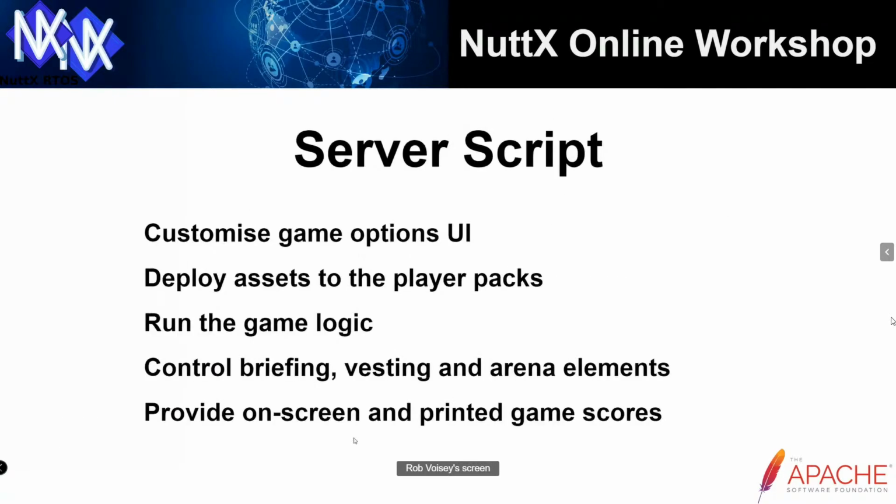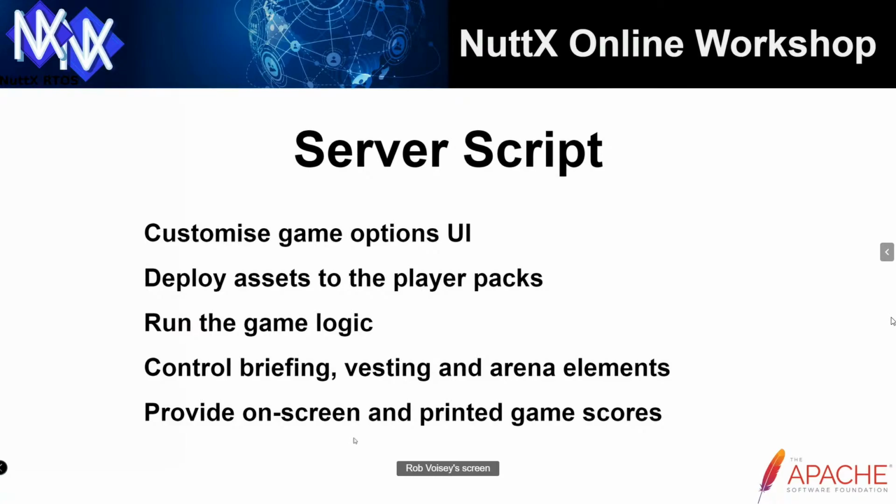The scripts running on the server are responsible for customizing the game options that the center staff see when they choose the game, and for deploying all the necessary assets for the game that's been selected to the player packs. Those assets are cached. There's an SD card on the gun board.